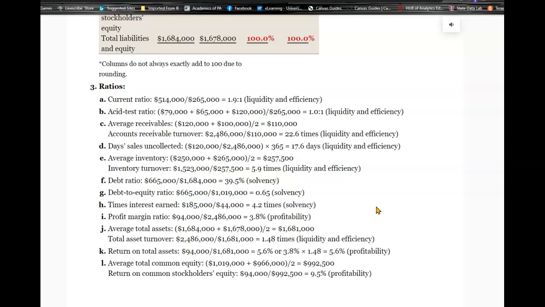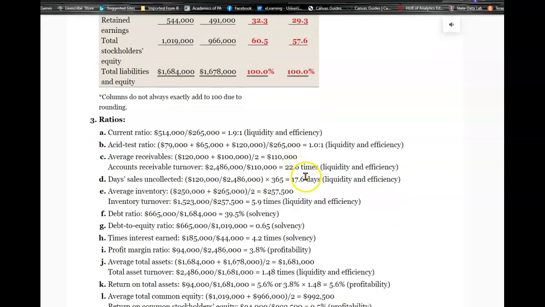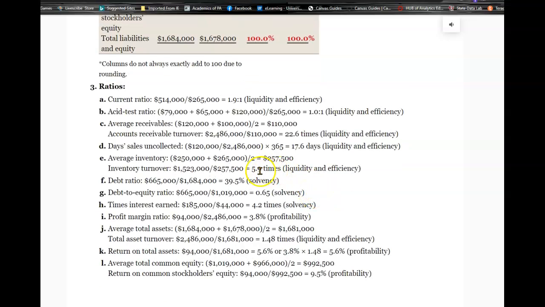The debt ratio here is we're looking at solvency. And so we've got $665,000 in debt to equity, 1,684,000. That's your total liabilities and equity. So what portion of that is made up of debt? And it's 39.5%. And so that's not a bad ratio.